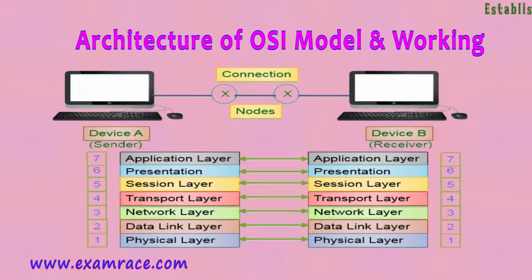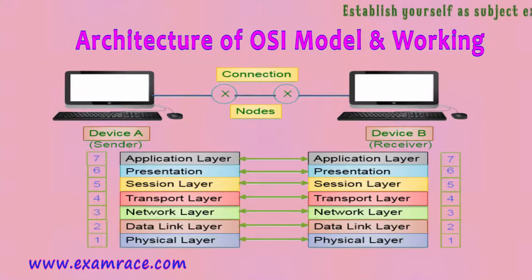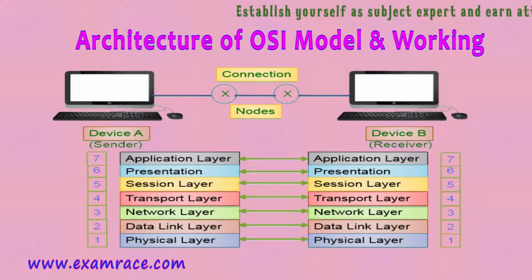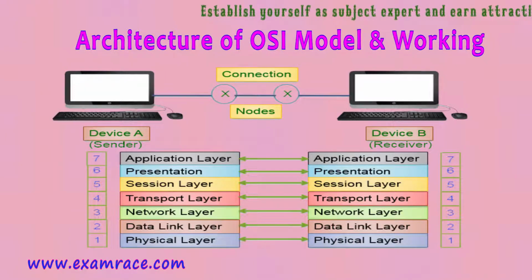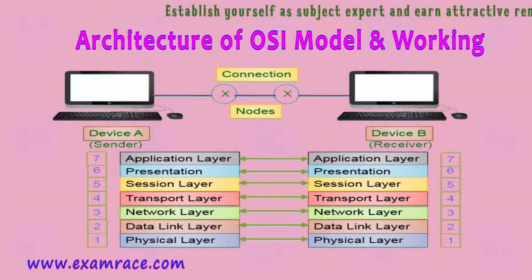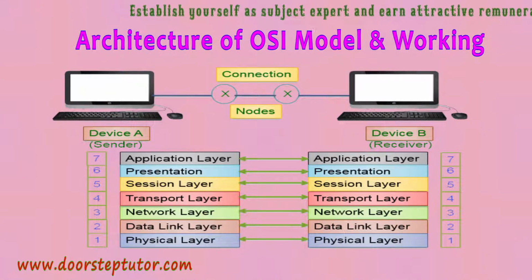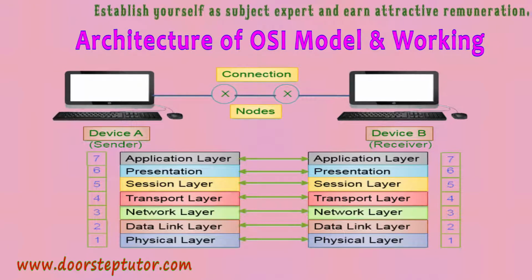Every layer of device A in network 1 will coordinate with the same layer of device B, that is in network 2. Like the physical layer of device A will communicate with the physical layer of the second network, and likewise the data link layer will communicate with the data link layer of the second network, and the network layer with the network layer.